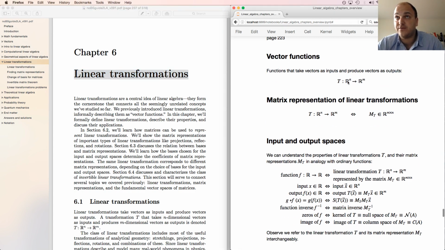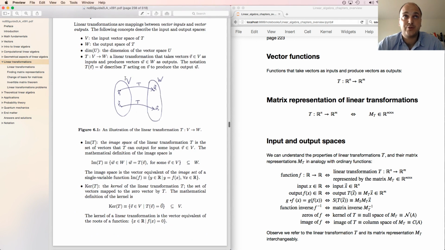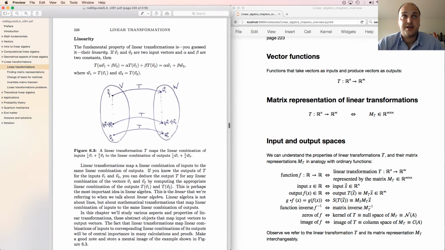Vector functions take n-dimensional inputs and produce m-dimensional outputs. Here is a picture. Mathematicians like to have this high-level picture: you have some input vector space, V, and you have the output vector space, and the linear transformation takes this input vector and produces this output vector. What linearity means, in the next picture, is that imagine I have this vector V1 and this vector V2, and I know where the outputs are. Then I take the input to be 1/4 of V1 and 3/4 of V2.